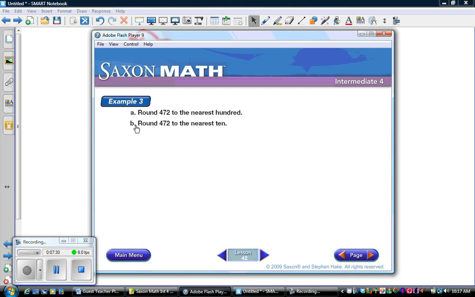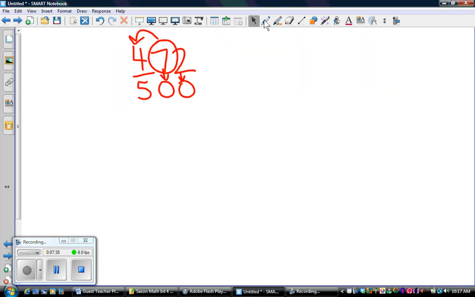But B says round the same number, 472, to the nearest 10. 472 to the nearest 10, so I underline the tens place, and I immediately circle the one right next to it. This number tells us that we can either go up or stay the same. And since it's 4 or below, you've got a 2 here, it tells us we have to keep it the same.